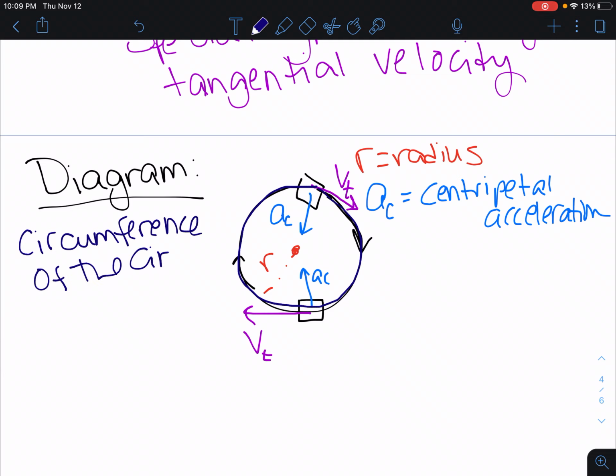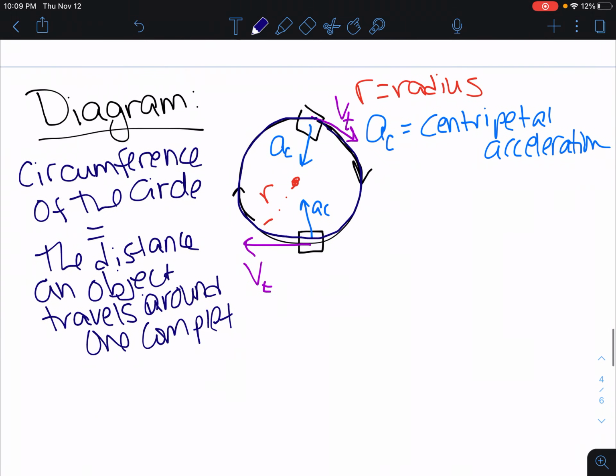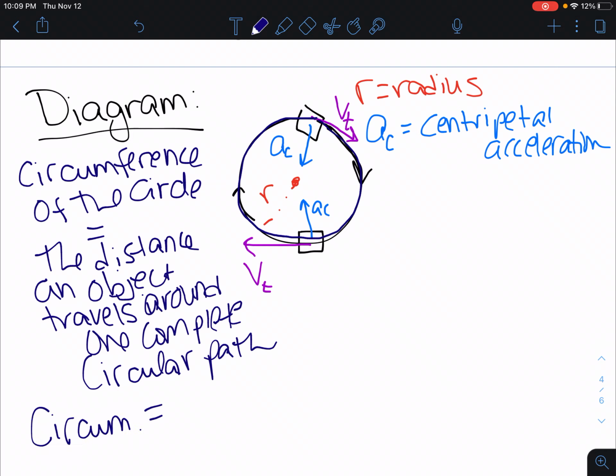So the distance an object travels around one complete circle. All right, and we can calculate circumference by taking 2 pi times the radius, okay? So 2 pi r is how we calculate circumference.